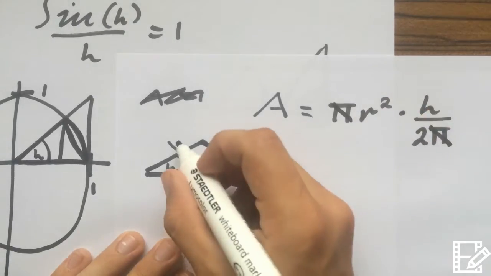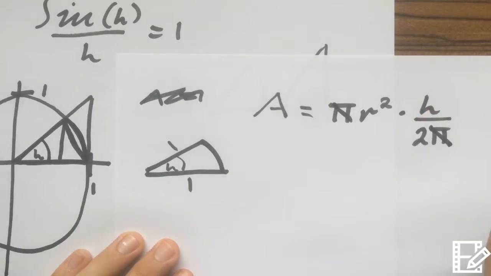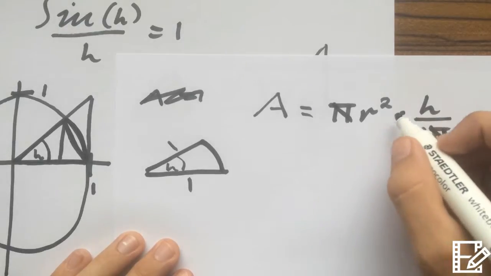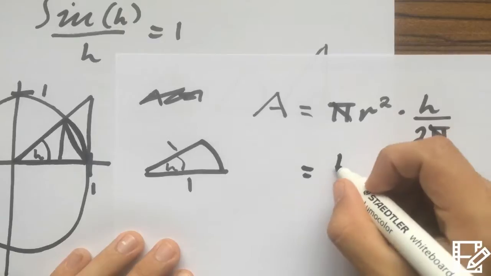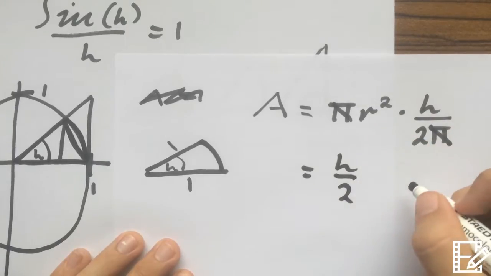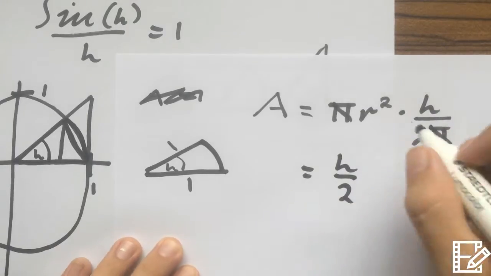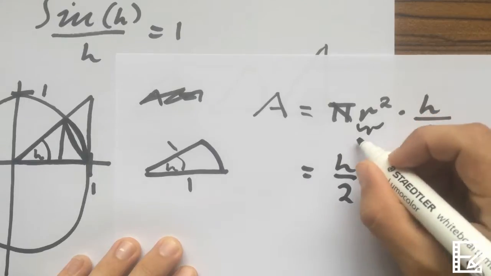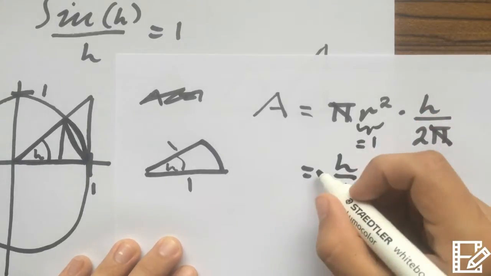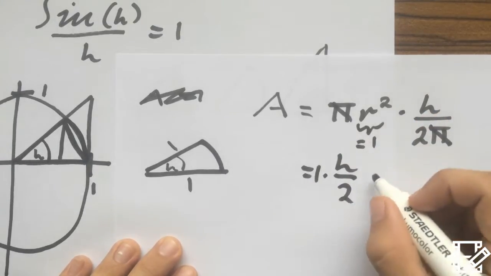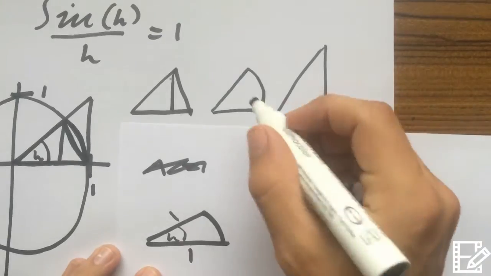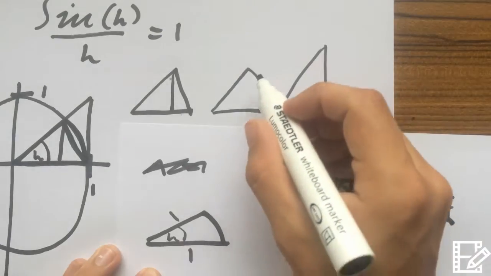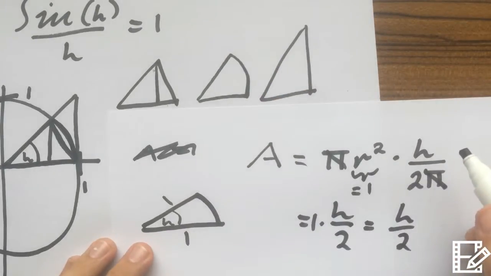R squared is just 1 squared, which is just 1, so it'll be 1 multiplied by h over 2. This little section here is equal to 1 multiplied by h over 2, which is h over 2. Okay, so we've established that this third shape has an area of h over 2.